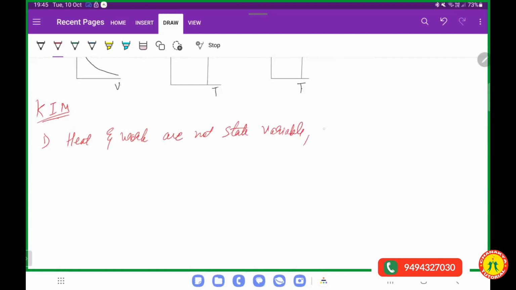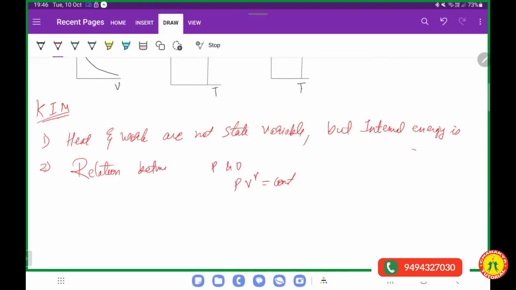Internal energy is. And those equations we can write here. Relation between P and V: PV to the power gamma equals constant.